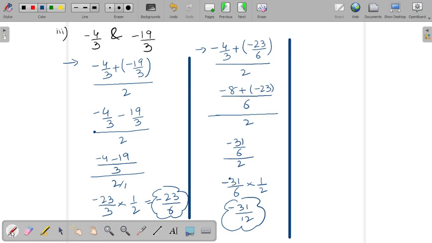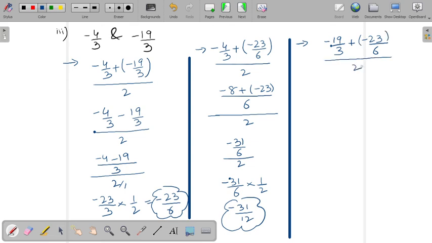Now let's go for the next pairing. You can take minus 4 by 3 and this minus 31 by 12, or you can take minus 19 by 3 and minus 23 by 6 also. As I have told you, you can make the pairing of any rational numbers, but remember that the rational numbers should not be repeated.